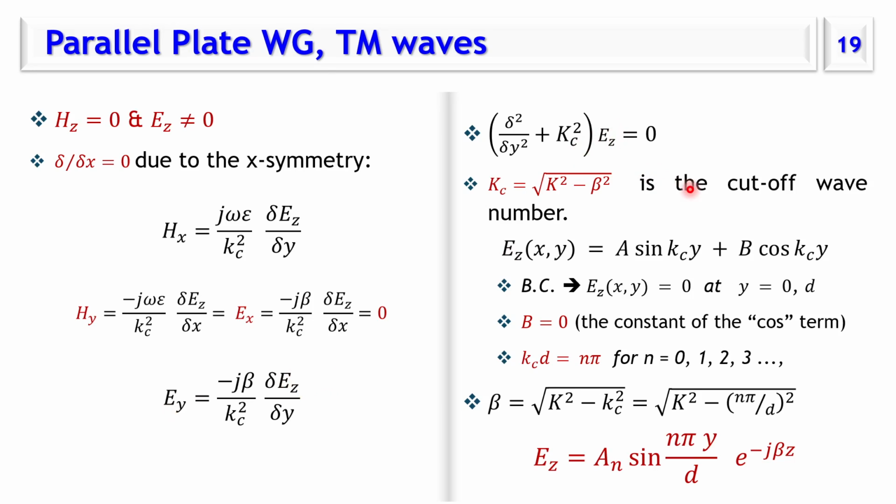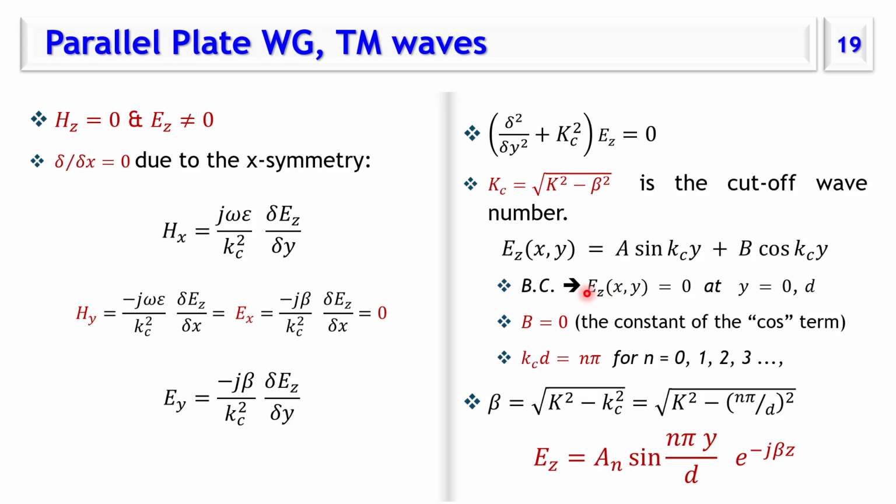The solution is dependent on Kc, and that's why Kc is called the cutoff wave number, which is where the wave number equals the phase constant. The solution for this equation, as we studied in 304 electromagnetic waves, is either a sine or cosine with two different constants. The constants must be found from the boundary conditions.